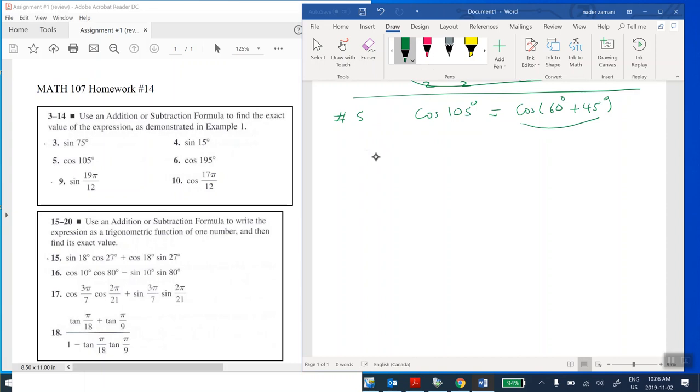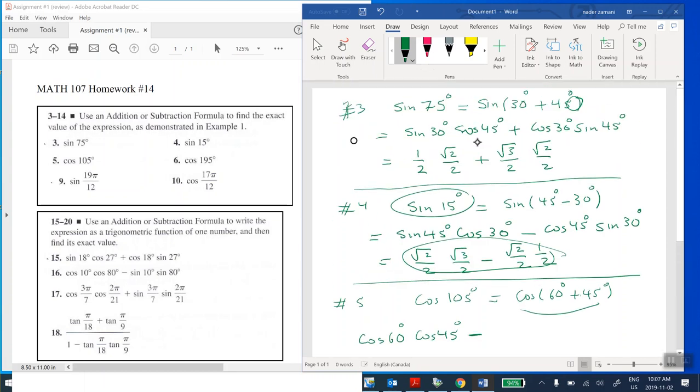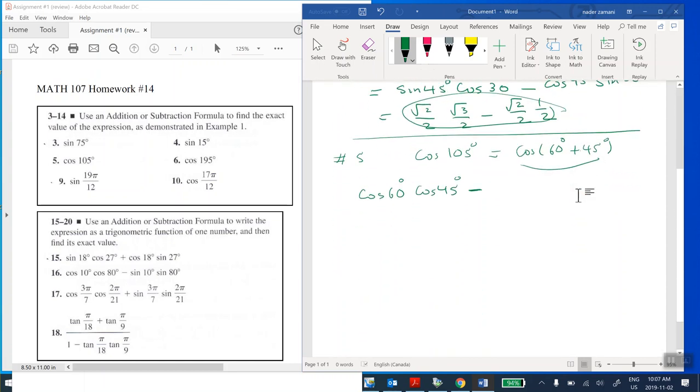If you go to your book, you see that cosine of a sum looks like this: cosine of 60 cosine of 45, and yes, minus. When this is plus, for cosine, that thing in between becomes a minus. That's a common thing that people forget.